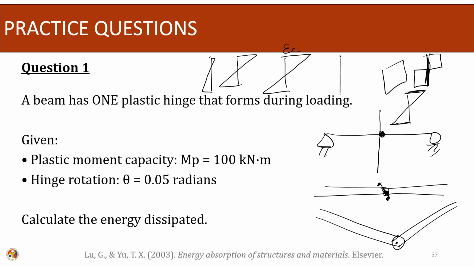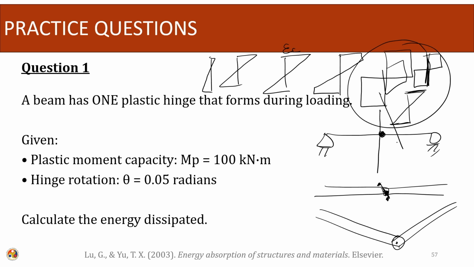After the elastic strain has been reached, it will propagate further in the cross section. Once the entire cross section has reached the plastic limit, at this phase we say that our plastic hinge has formed. For any regular structure, this is the meaning of the plastic hinge formation.